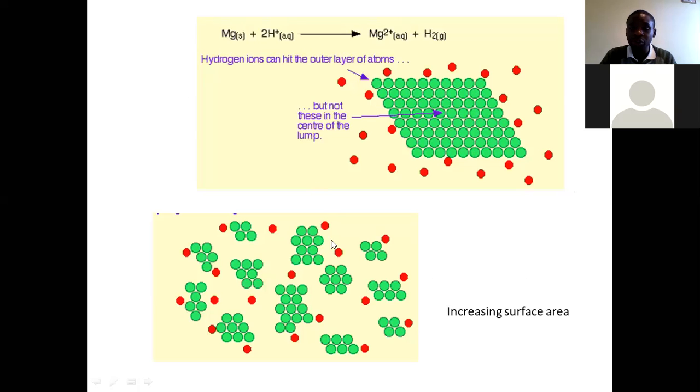But when you chop it and form it into powder, you are increasing the surface area, and therefore the acid can penetrate deeper and react with the magnesium atoms. Therefore, by breaking it into smaller and smaller pieces, you increase the surface area.